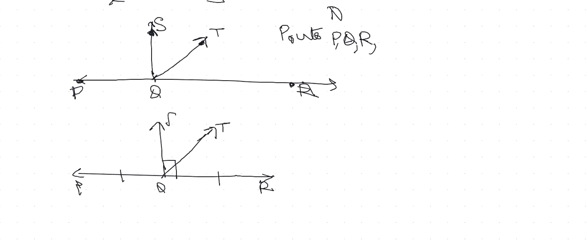To make sure that these both are equal, we have to give the equal number of marks. So this shows that SQP is congruent to TQR. So this ends the concepts of chapter 1.